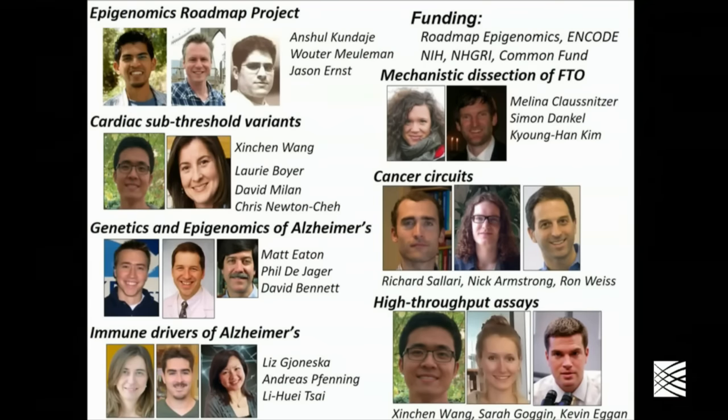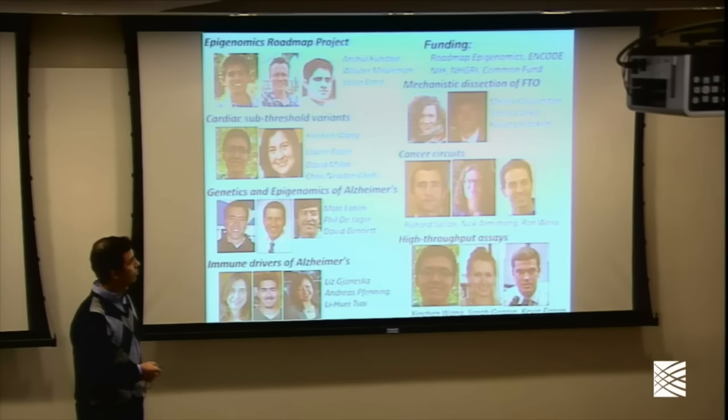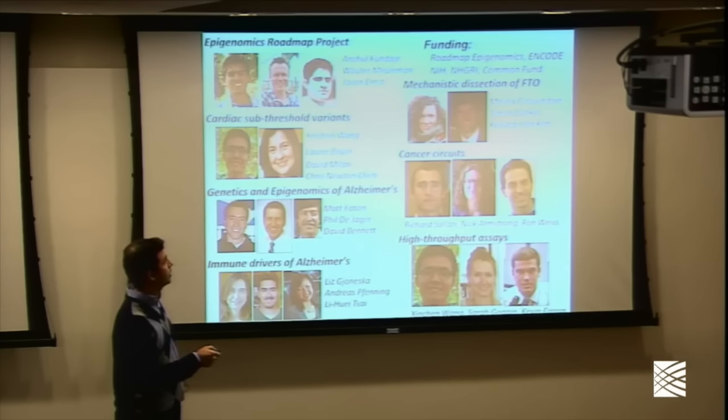Matt Eaton led the Alzheimer's intermediate phenotypes in collaboration with Hilde Jaeger and David Bennett. Andreas Pfenning, who now has his own lab at CMU, collaborated with Liz Zoneska from Li-Huei Tsai's lab for the Alzheimer's immune study. Melina Claussnitzer now has her own lab at Harvard, and we're collaborating very actively in several of these aspects. She led the FTO study.